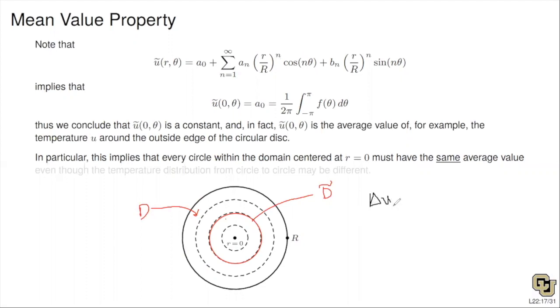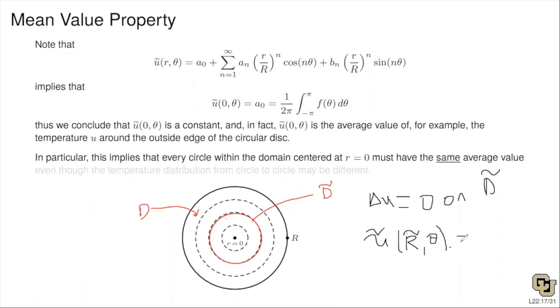Let Laplace u equals 0 on D tilde. And you say, well, what about boundary conditions? Let's say the radius of the domain there is r tilde.